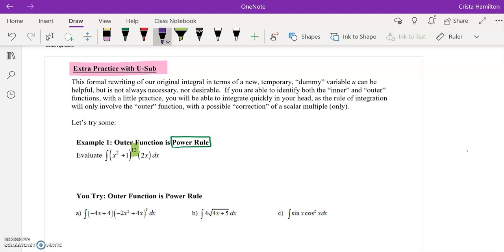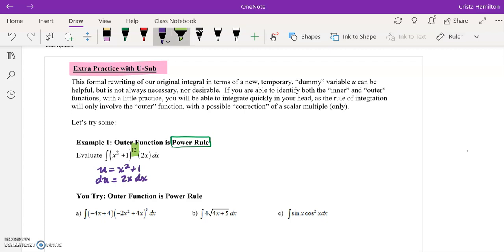So I'm going to say, okay, let u equal x squared plus 1. Then du equals 2x dx. I also start to shortcut just a little bit in that I don't put it in derivative form. I immediately go to differential form because I know that's what I'm using here.